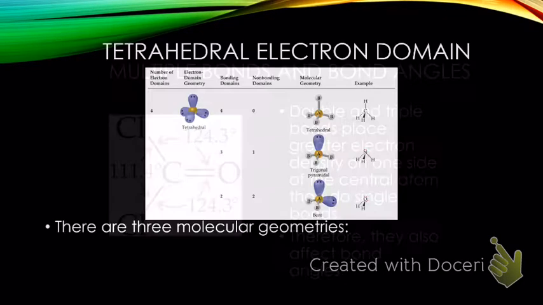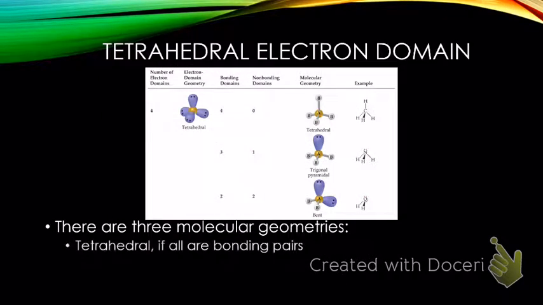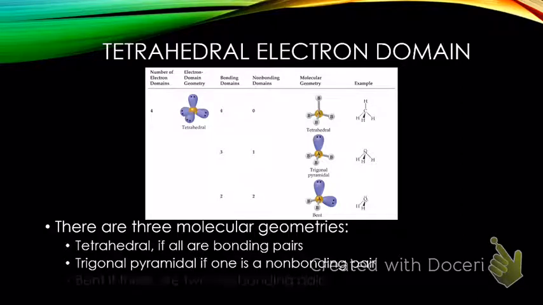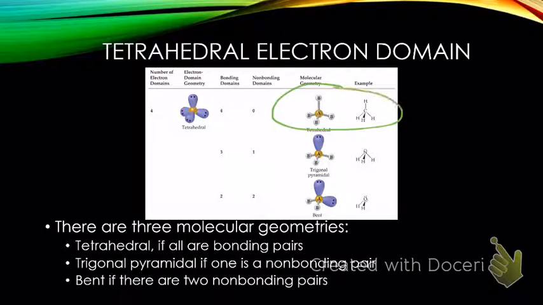Alright, so now when there are 4 electron domains, then we have 3 possibilities, and we've actually already discussed these 3 possibilities. One possibility is tetrahedral. If all 4 are in bonds, it's tetrahedral and the angle is going to be 109.5.